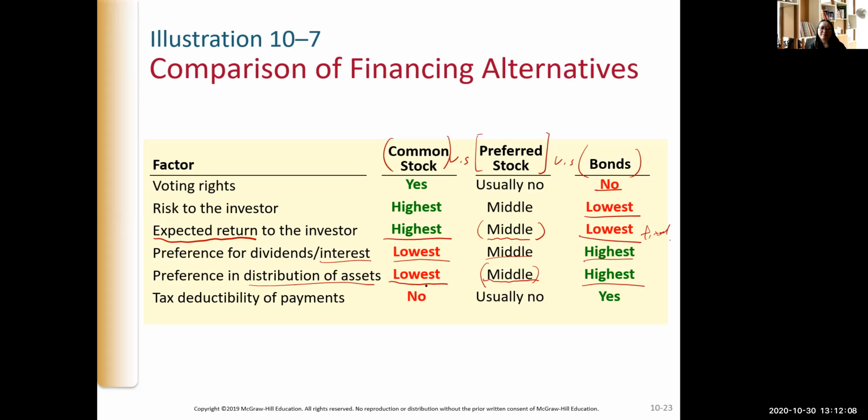And tax deductibility, okay, this is a very interesting thing. As we mentioned, liability, or debt contracting, is actually the cheapest way of funding the company. Hence, the tax deductibility is definitely 100% applied to the bondholder, who is a debt holder.